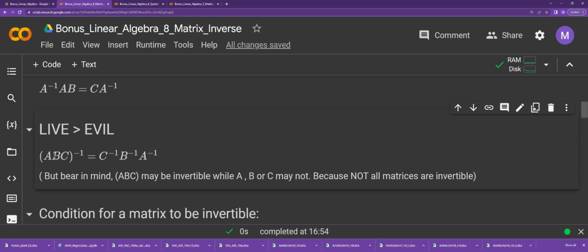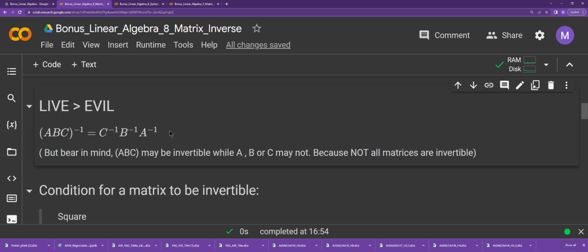You can't do A inverse, B inverse, C inverse. It would be the other way around. Just remember leave evil. When you do this inverse operation, always remember leave evil, the same as when you do transpose.